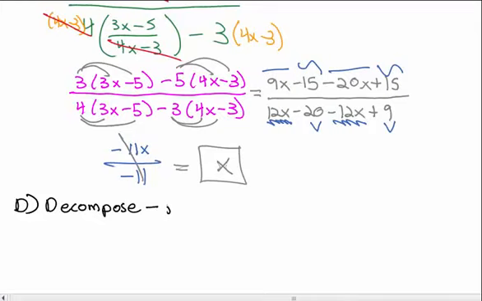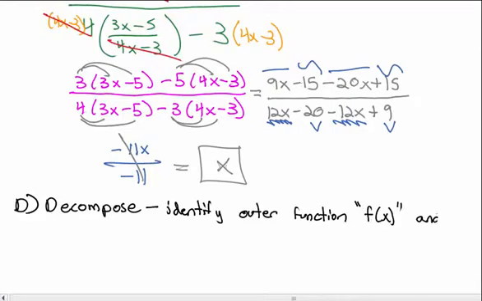The idea here is we're trying to identify an outer function, f of x, and an inner function, g of x.